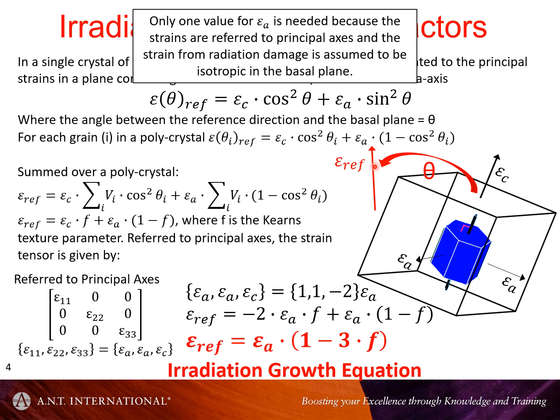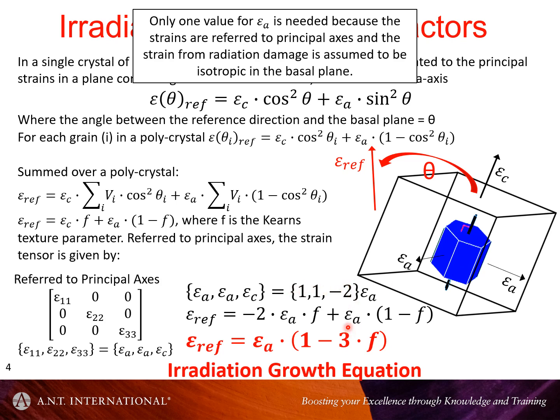So if we then compute what the reference direction is, bearing in mind that we're just looking at the one component of EA, because this component of the strain is perpendicular to the plane containing this component of EA and AC. And when we do that, we end up with the reference strain equal to -2 of EA, because the shrinkage to conserve volume, the shrinkage in the c direction is always -2 of whatever the a expansion is.